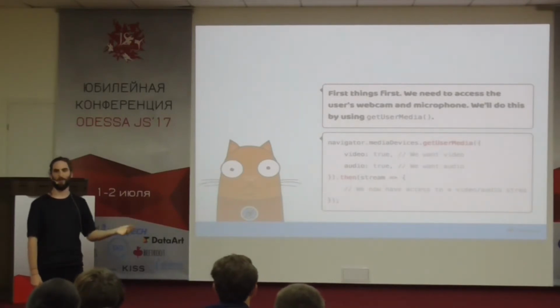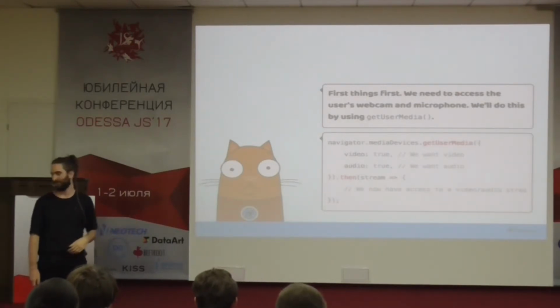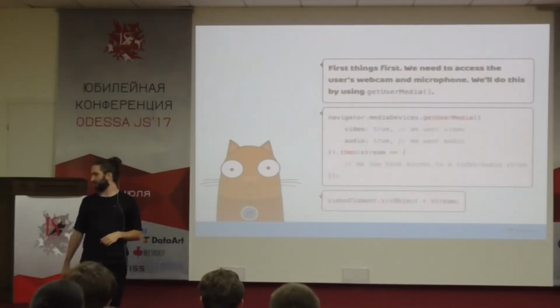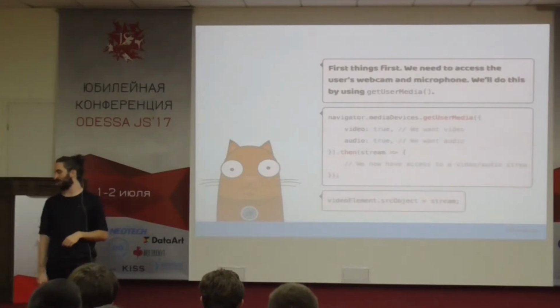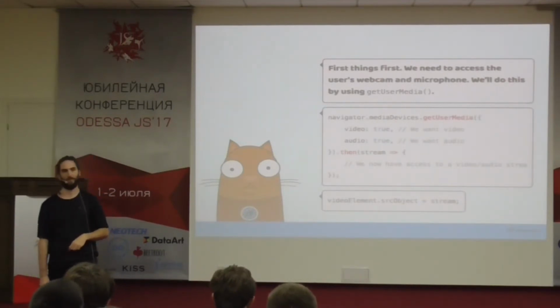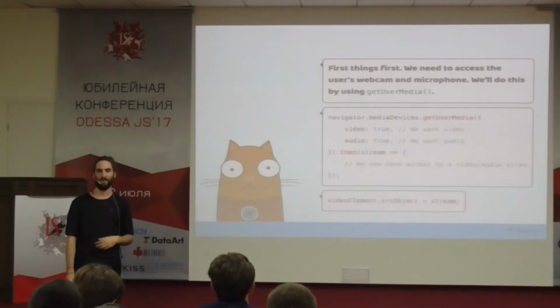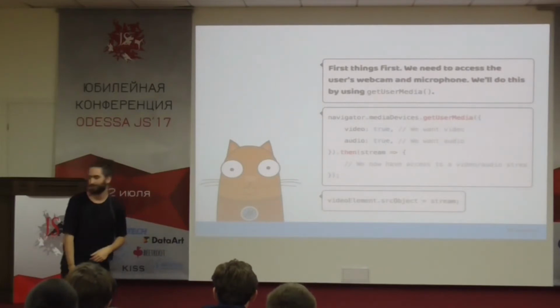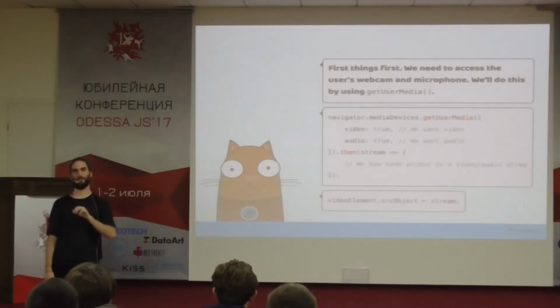This works perfectly well, but for this example, I wanted everything. Then once we have the stream, you can set the srcObject of an HTML5 video element. You can set the stream as the source object, and you will see your webcam straight in that video. That's how I made the little preview before I started recording.